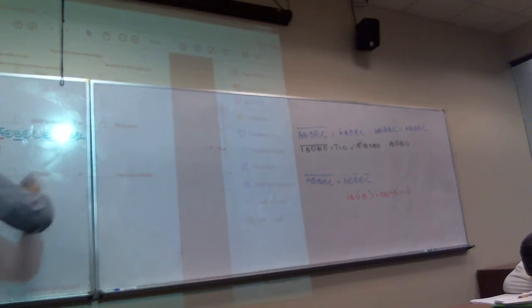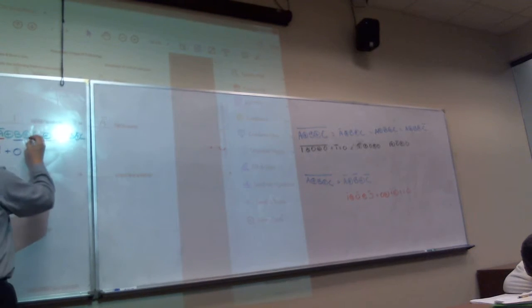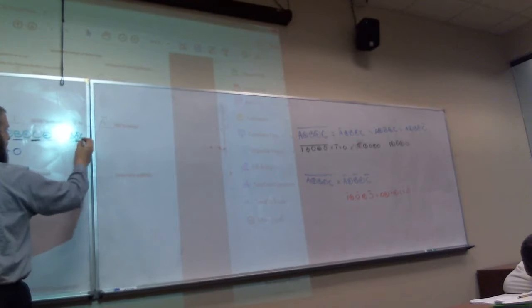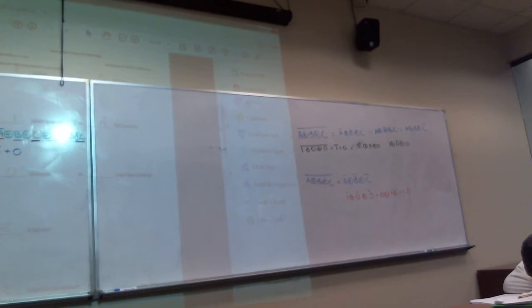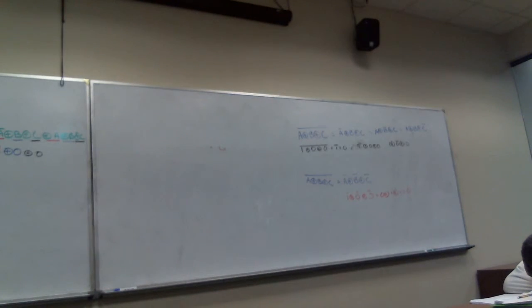B XOR B. If they're the same, they always produce a 0. That's going to be an XOR 0. And then same thing with C XOR C. 0. Sorry, these are exclusive ORs. Therefore, my answer is 1.